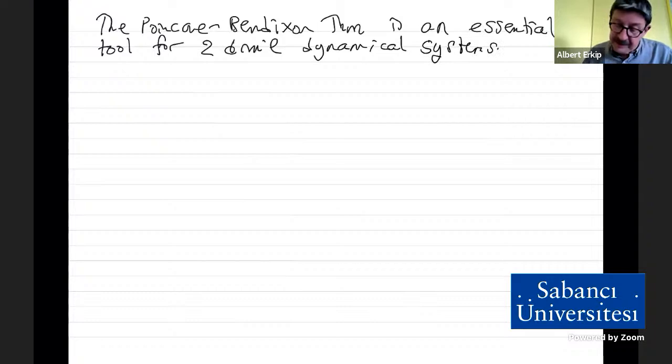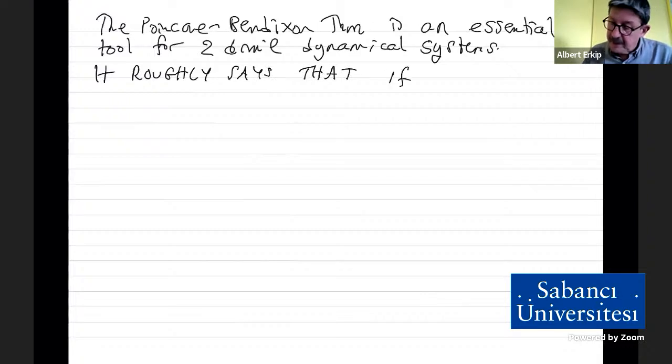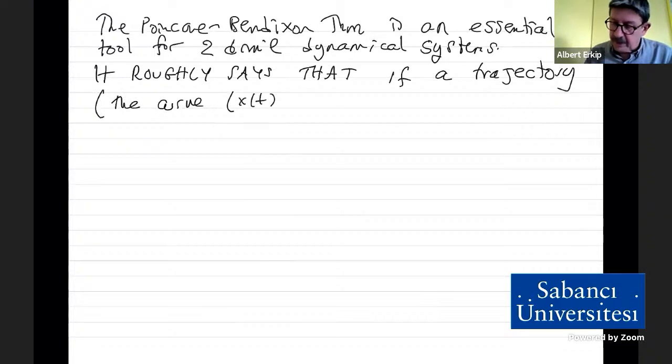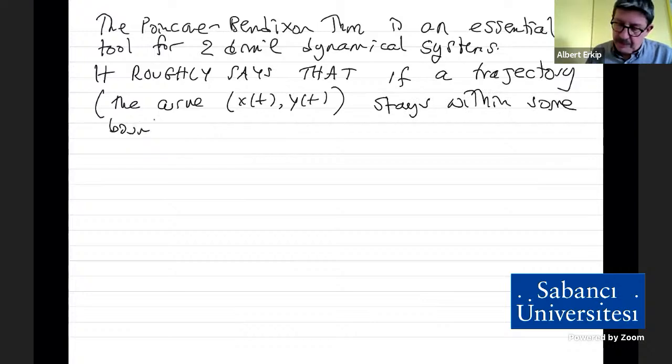It roughly says that if a trajectory, that is the curve x of t, y of t, stays within some bounded region, and the typical case is inside the Lyapunov curve.